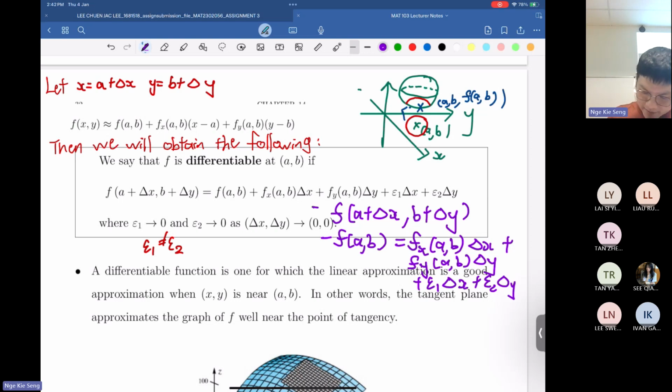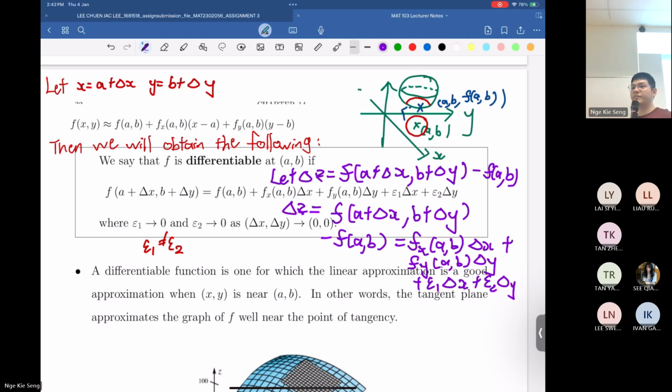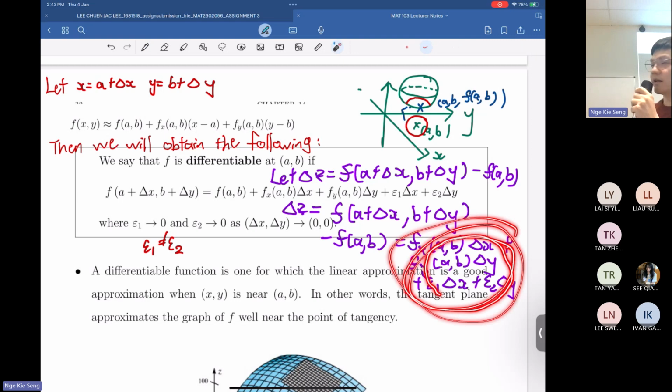And then I can set this to be delta z, where delta z equals f(a + delta x, b + delta y) minus f(a,b). Is this what you say? Yeah, correct. So if it is differentiable, meaning I can use the tangent plane to approximate it.